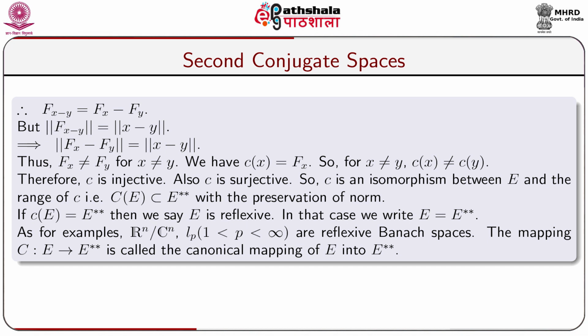So, we see that Lp equals Lp double star. Hence, Rn, Cn, Lp are all reflexive Banach spaces. The mapping C from E to E double star is called the canonical mapping of E into E double star.